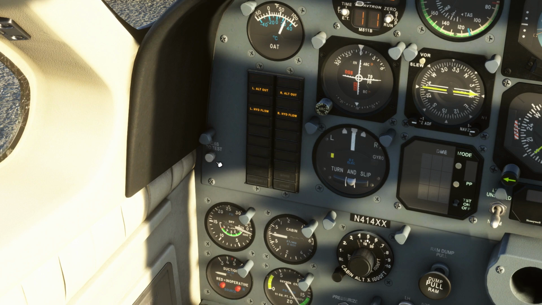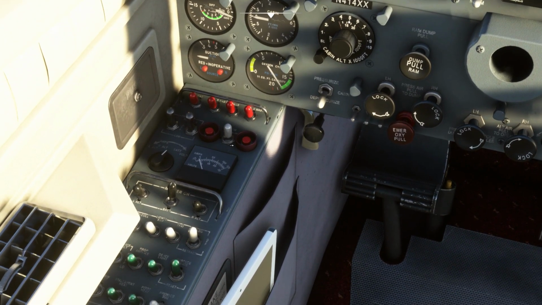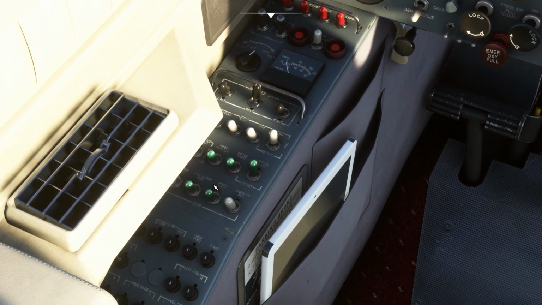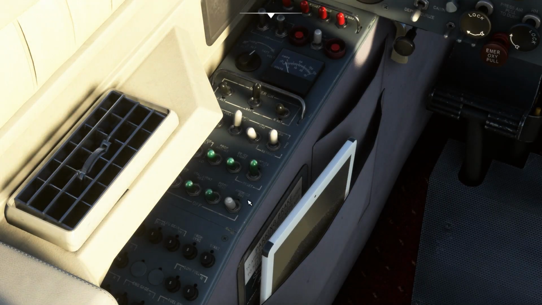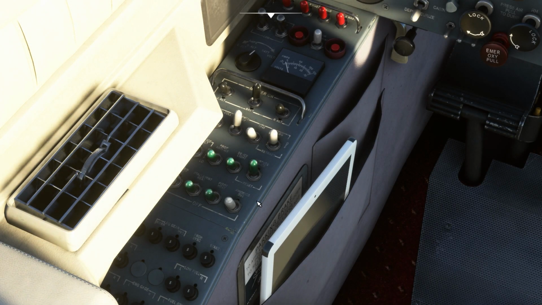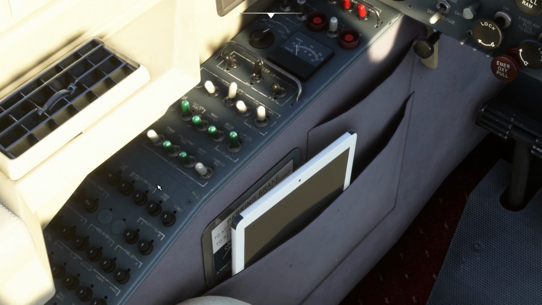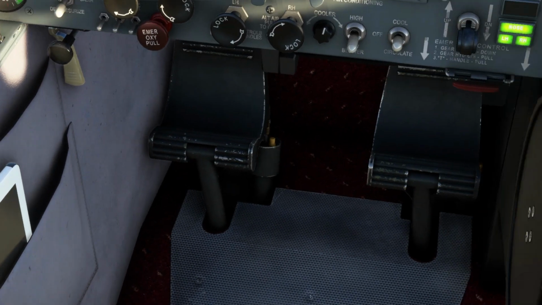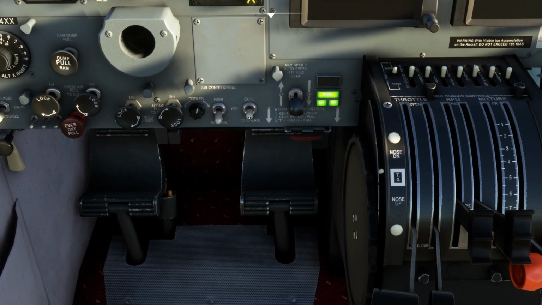Check this. Okay. Nav lights should be on. Yes, perfect. No prop de-ice, no surface, no other systems on. This should be okay.